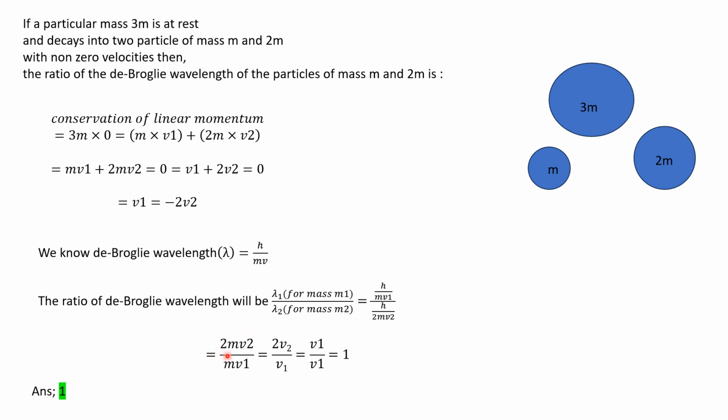This will be 2m v2 by m v1. The m and m cancel each other, and 2v2 by v1 remains. From the above equation we have v1 equal to 2v2, so in place of 2v2 we can put v1, and the answer will be 1. So the final answer is 1.